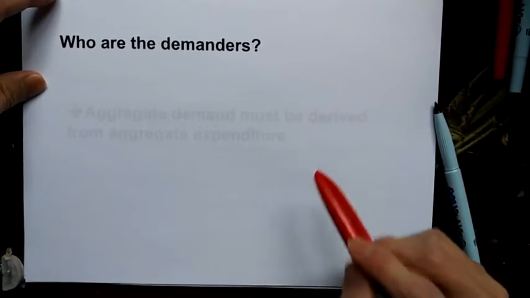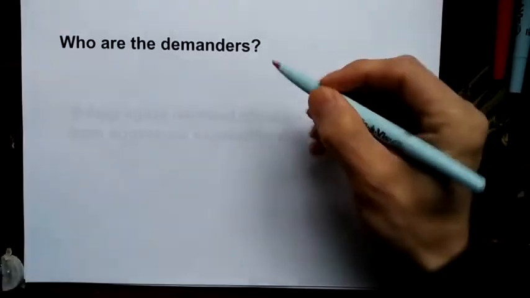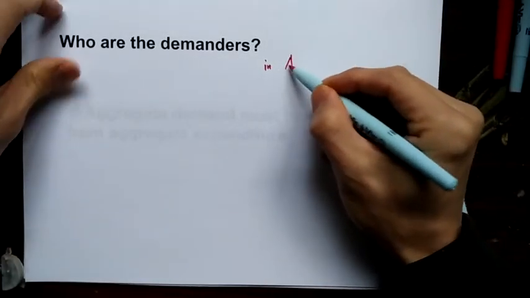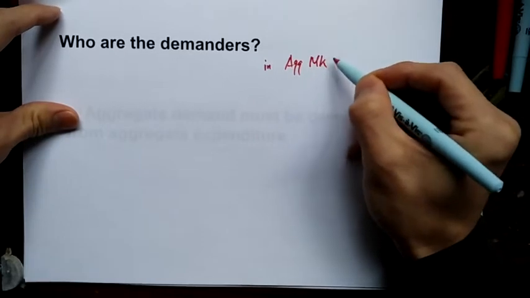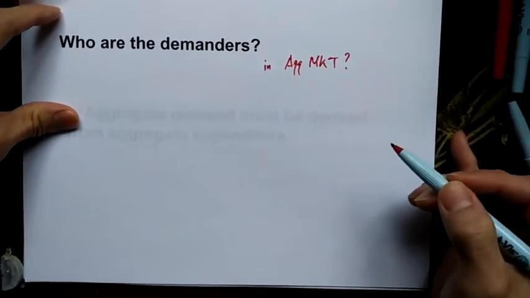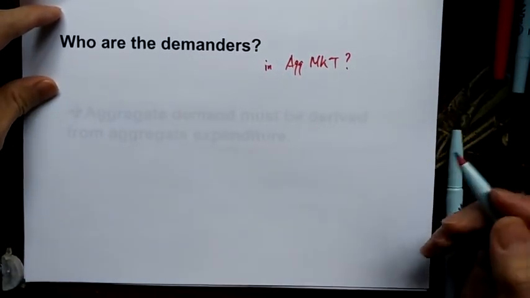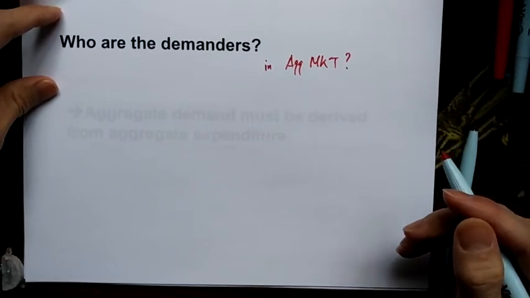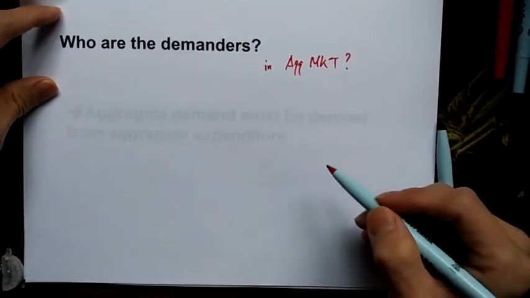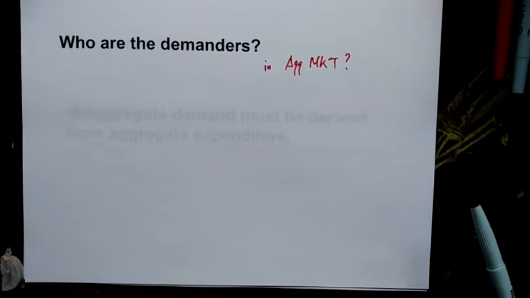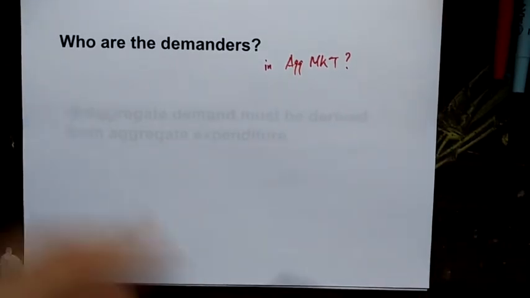Now, who are the demanders in the aggregate market? The answer is everybody is a demander. Remember, in the whole economy, everybody is a demander and everybody is a supplier.